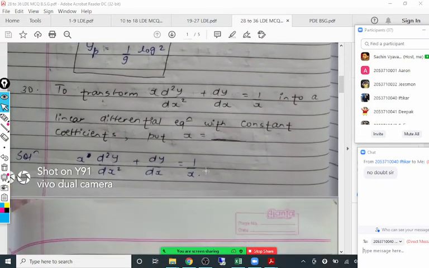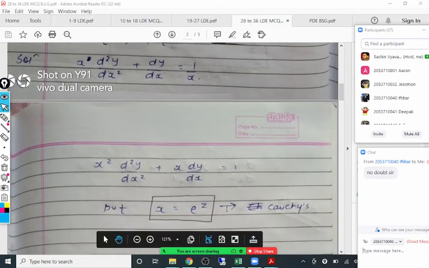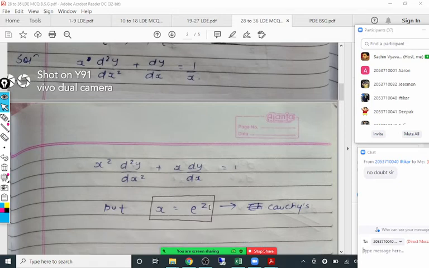Question number 30. We are asked to transform this differential equation into a linear differential equation with constant coefficients. We generally put x equal to e raised to z, or you can take x equal to e raised to t. So just write what you have to put. It is in Cauchy's form. Either put x as e raised to z, or if the option is written in variable t, then x is e raised to t.